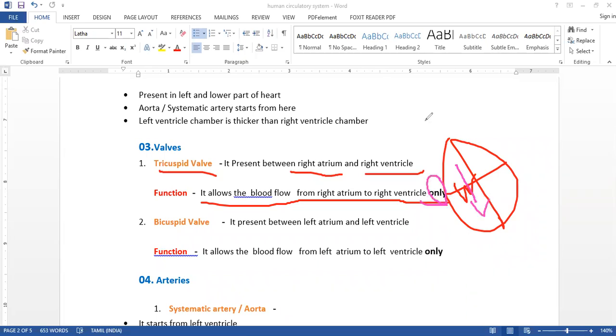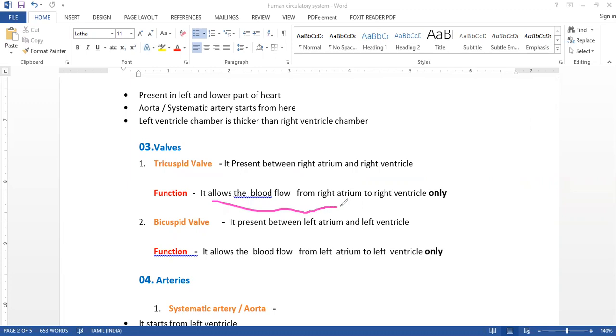That's a very important point, right? Because of the valves, the blood cannot flow back. So simply I can say that it allows blood flow from right atrium to right ventricle.